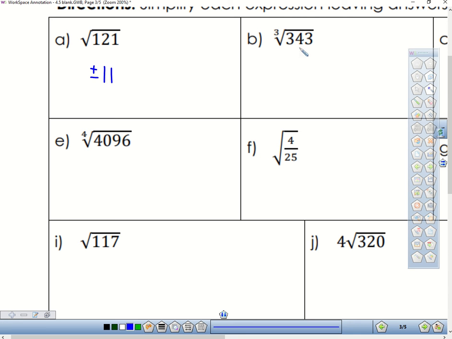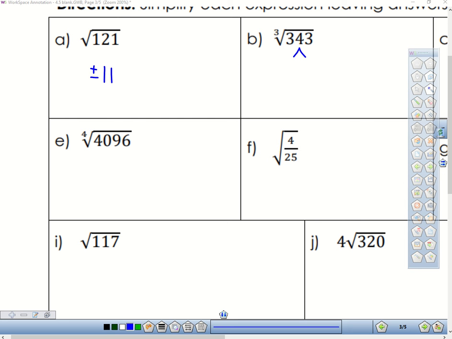Now we're going to take the third root of 343, okay? So in this particular case, does anyone know what we can divide into 343? Well, you never know.